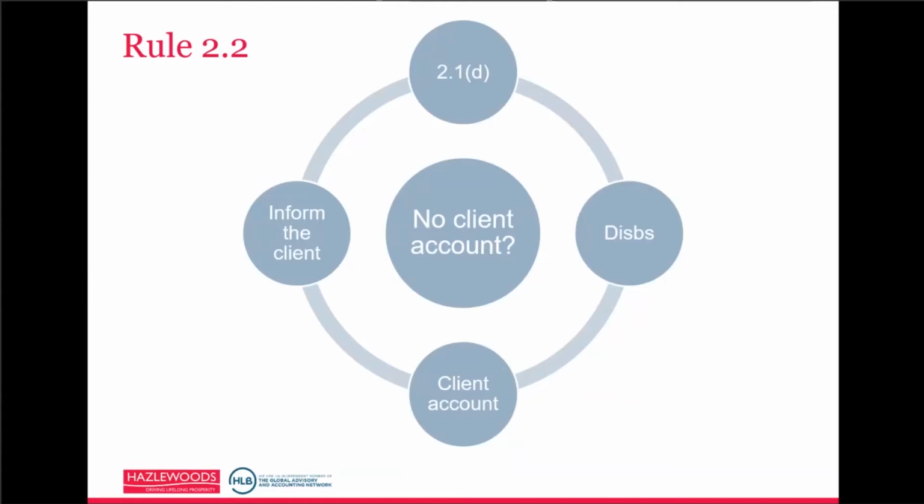So to summarise, if you only get money into your client account in advance of your bills or to pay for disbursements, you no longer need to operate a client account as long as you let your clients know that you are holding that money in office.